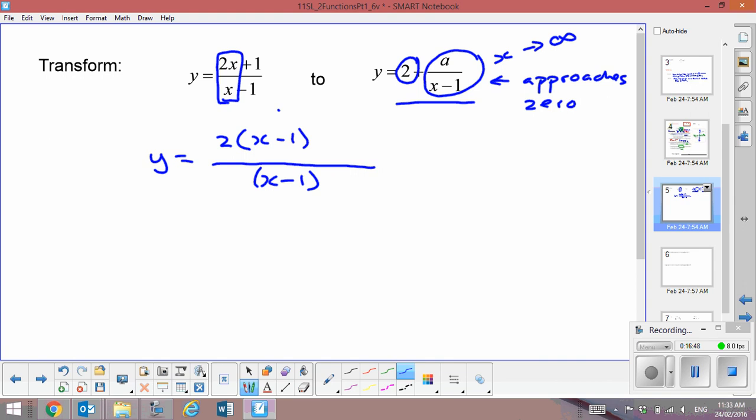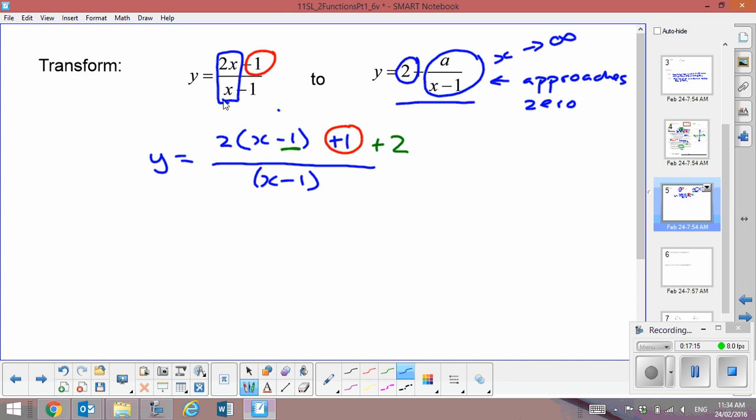If we've gone 2x minus 1, that's the same as 2x minus 2, and we already had a plus 1 from up here. So that's our plus 1. We now need to undo what we just added. This is the same as 2 times minus 1, so we now want to go plus 2 to undo that.